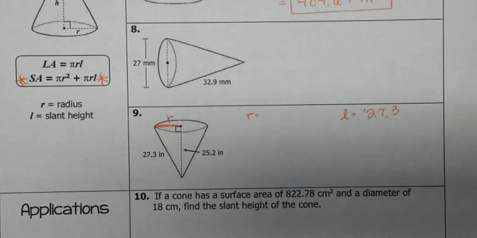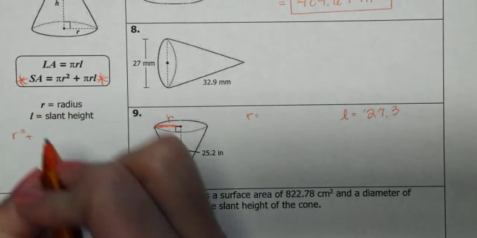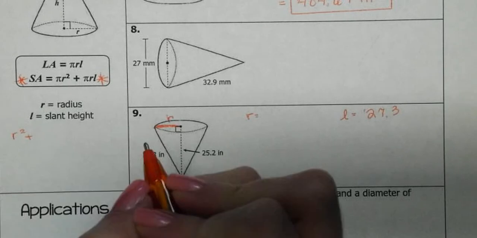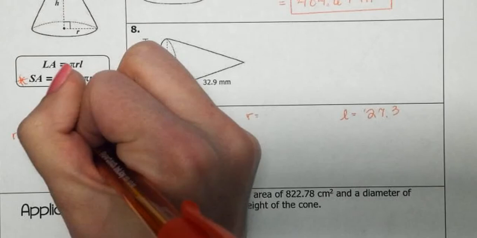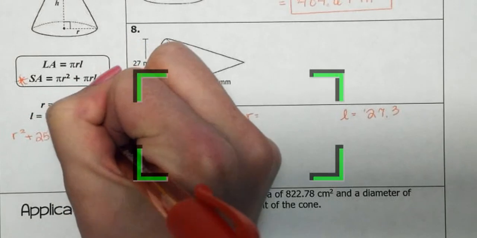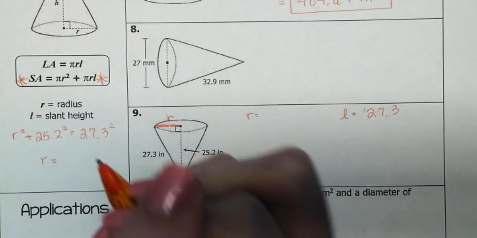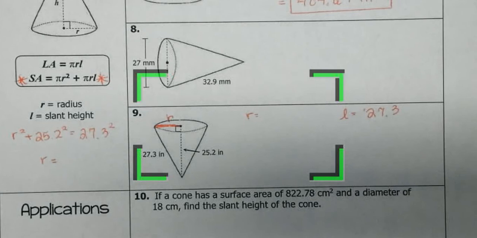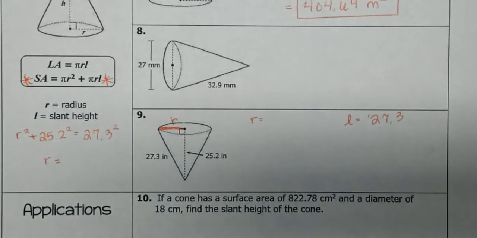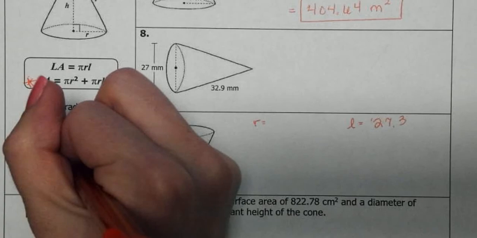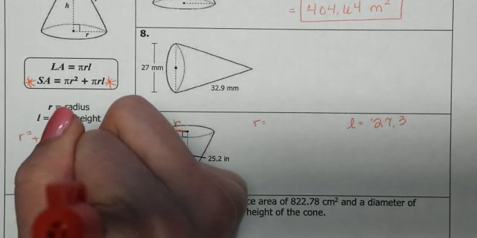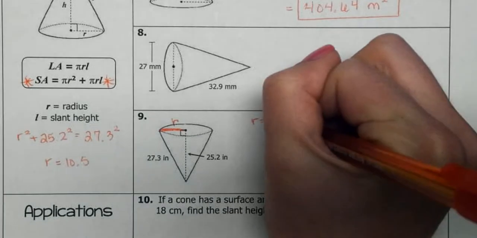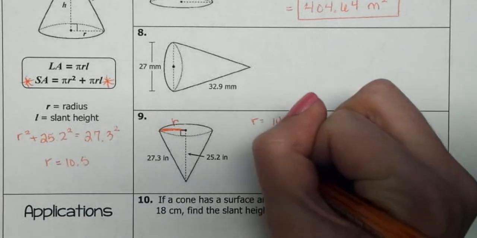I could do r squared plus 25.2 squared equals 27.3 squared. I want you to solve that on your own. You should get 10.5.